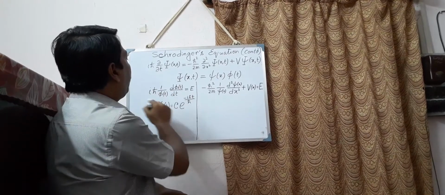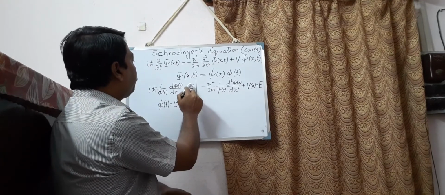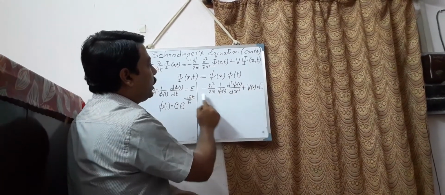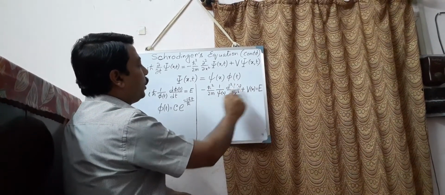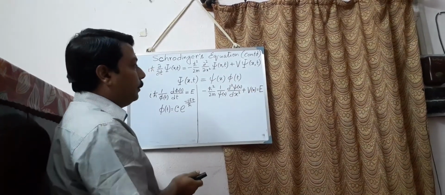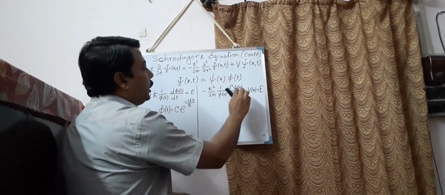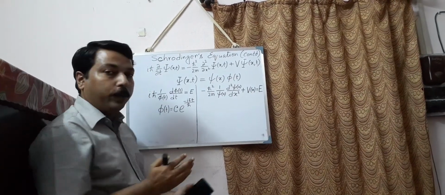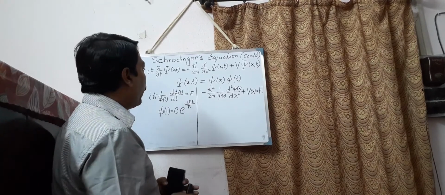So this was the time part of the equation, which is equal to some constant E, which we chose as the separation constant, and this one was the x part of the equation where it involves only functions of x, and that is also equal to the same constant E. Here it was considered that the potential V is a function of x only, which will usually be the case in most of our problems that we encounter.